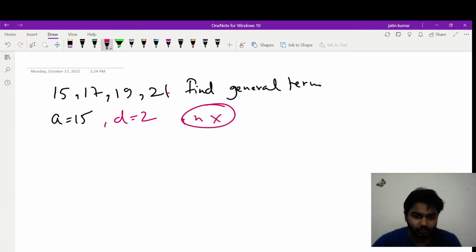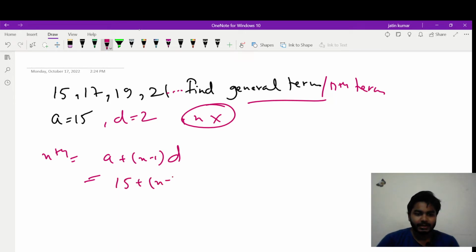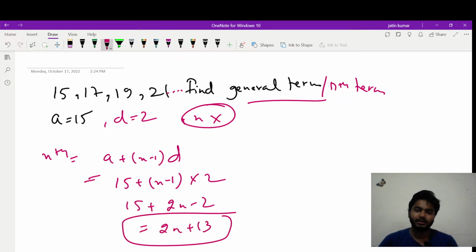How many terms there are in this AP is not given, and you need to find the nth term, the general term. So the nth term is A plus n minus 1 into D. A is 15 plus n minus 1 into D, D is 2. Now solve it: 15 plus 2n minus 2, and the general term will be 2n plus 13. So this is the general term.